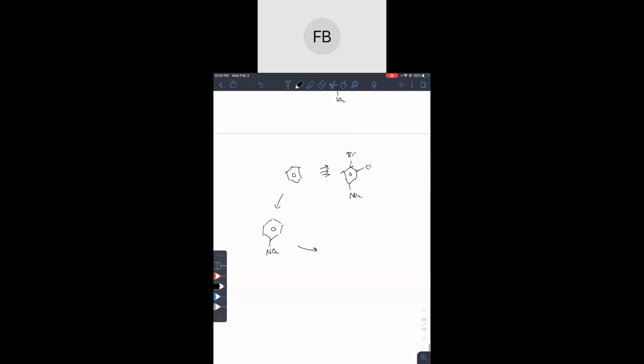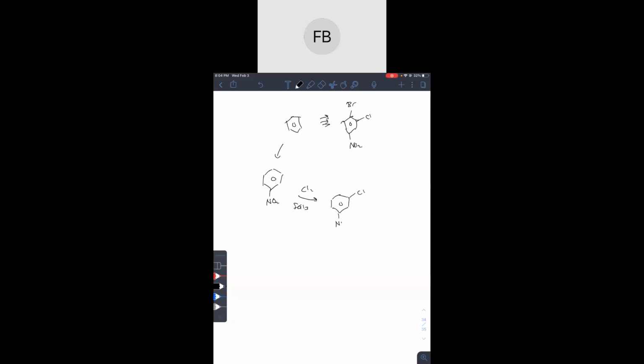I'll show you a difference here. Once NO2 is there, getting our CL on, which would be the next step, is going to be a really hard step. But the way that I did the synthesis above, you have your NO2, but at the same time, there's also the less deactivating BR.